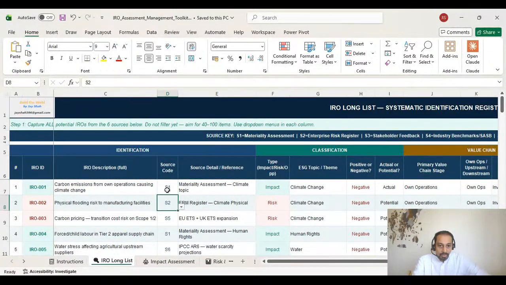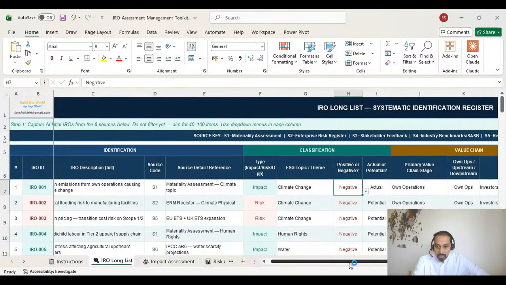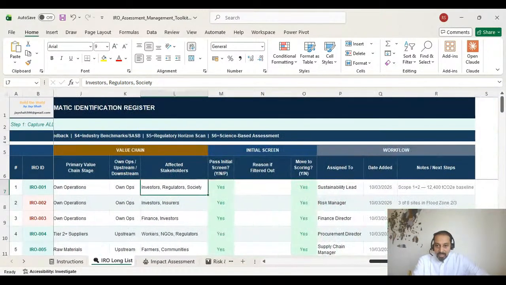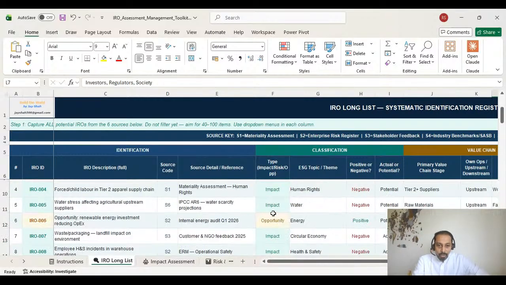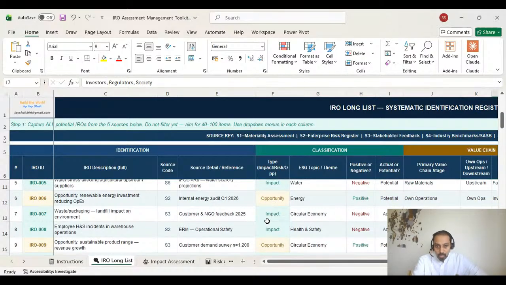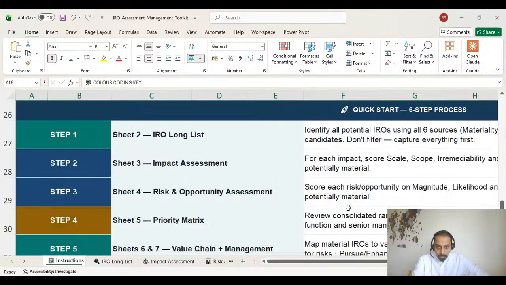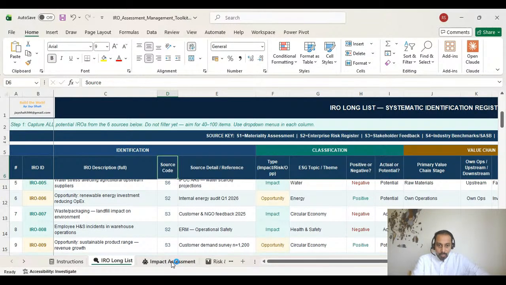The source code is S1, S2, S5; you can also change it based on the requirement. Then source details, reference, type of impact, risk, and opportunity. ESG topic theme, and you can change positive or negative as per your products. What are the value chain and operations? Did it pass the initial screening or not? Then the overall workflow, and you can also mention the next steps for the particular value chain. It is very important to understand each and every detail of the source code. The source code refers to the 6 steps, and it is very important to understand which steps are going on.